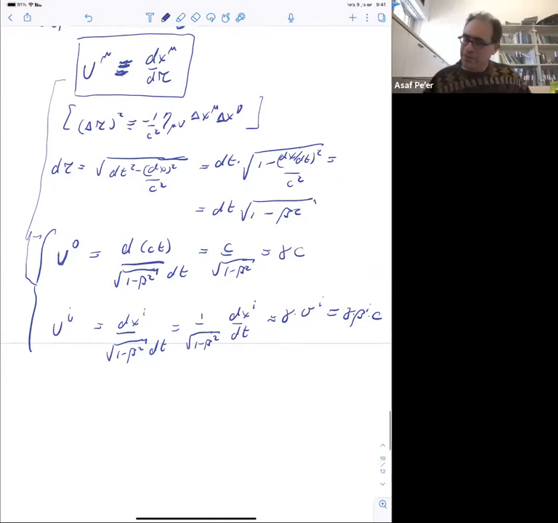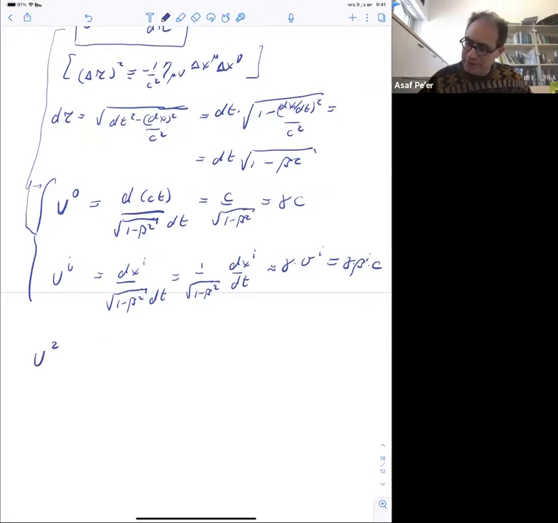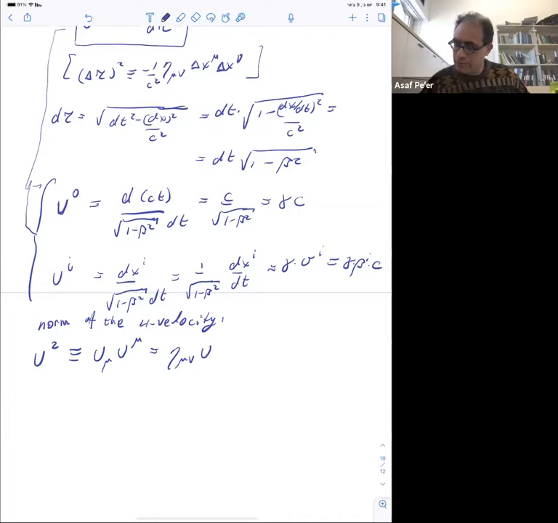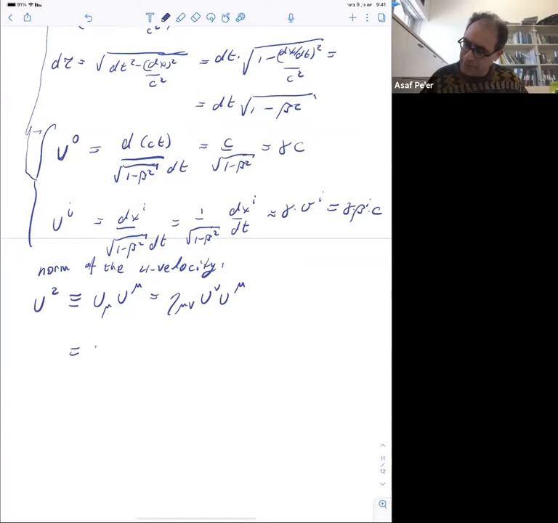What is the norm of the four velocity? U squared. It's not the second component, it's the norm of the four velocity. The definition of that is u mu u mu, that's eta mu nu u mu u nu. I made use of the metric to lower the index. So eta mu nu dx mu over d tau dx nu over d tau.